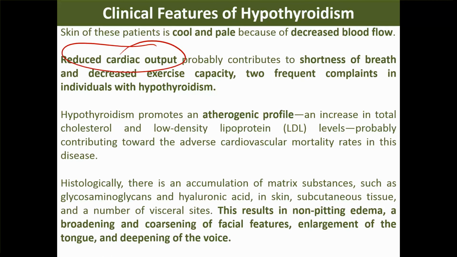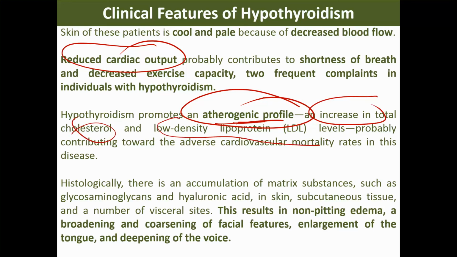The biggest problem is cardiac: they get more cardiac disease because they become more atherogenic, which means they produce more atherosclerosis because of increased total cholesterol and low density lipoprotein. Increased LDL and total cholesterol are a characteristic feature of hypothyroid status, and they can have serious cardiac disease like myocardial infarction at any time.